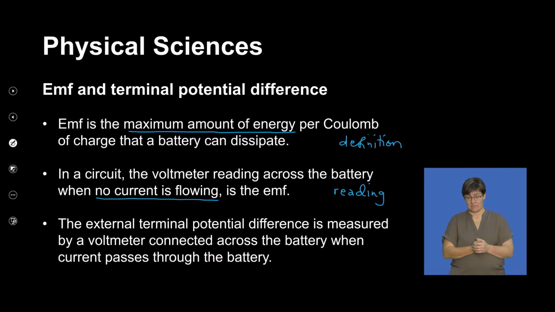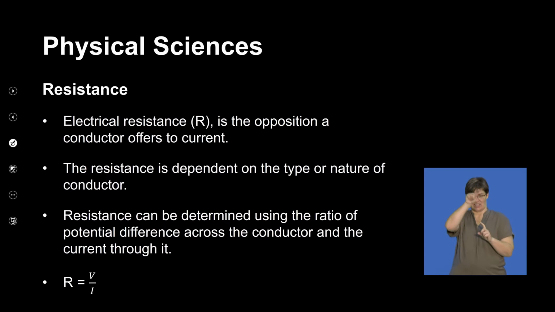Now, the terminal potential difference is measured by a voltmeter connected always across the battery when current passes through the battery. So this slide talks to the difference between EMF and terminal potential difference, okay? Right, so these are the concepts that we need to remind ourselves of each time we talk about electrical circuits, right?